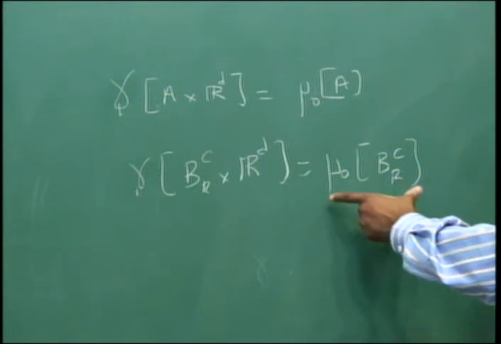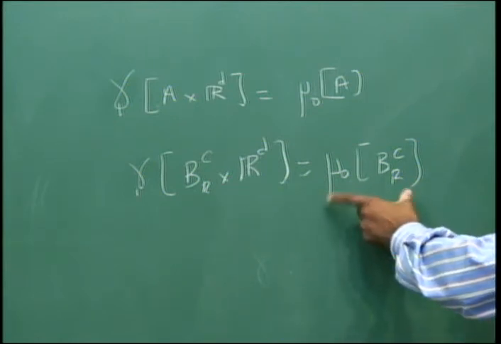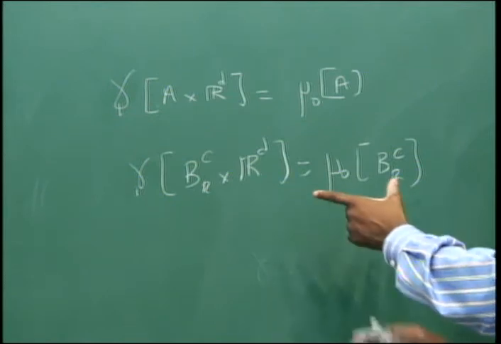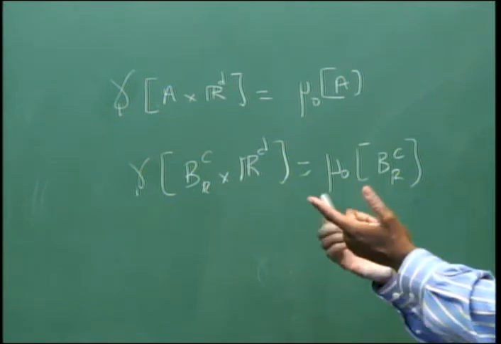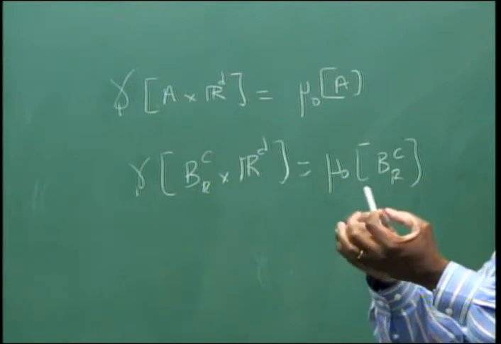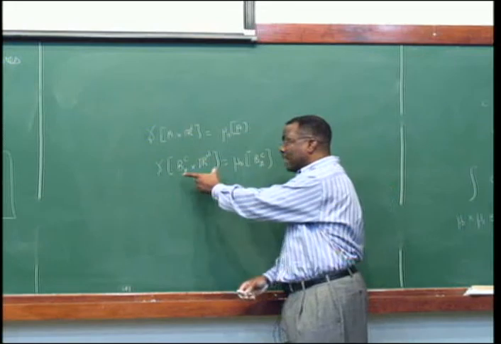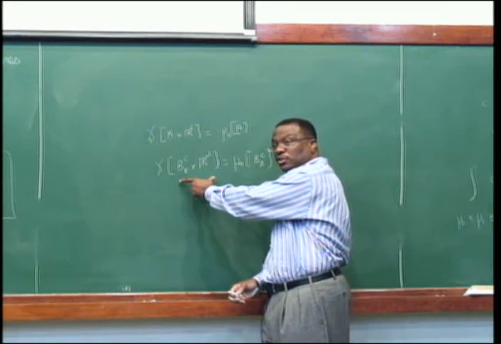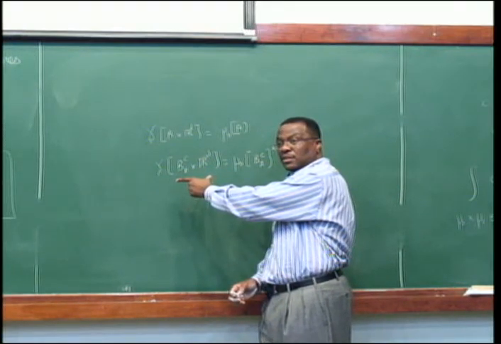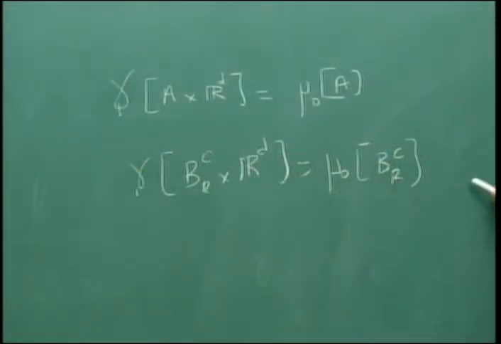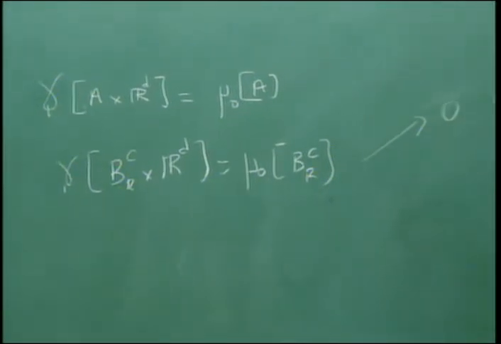This measure is fixed, and when R becomes large, this becomes smaller. So I am controlling the fact that when the first component becomes large, the set on which I am is a set of very small measure, and so mass cannot go to infinity. This goes to 0 as R goes to infinity.